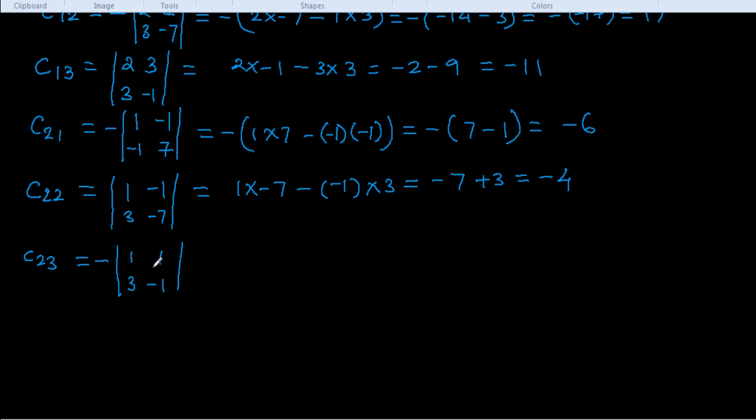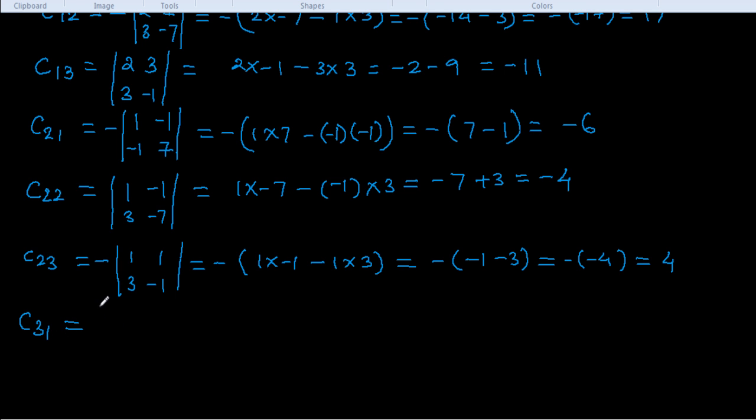So it is negative sign outside, 1 into minus 1 minus 1 into 3. So we get here minus 1 minus 3, which is minus 4, or which will be 4. It is C23.